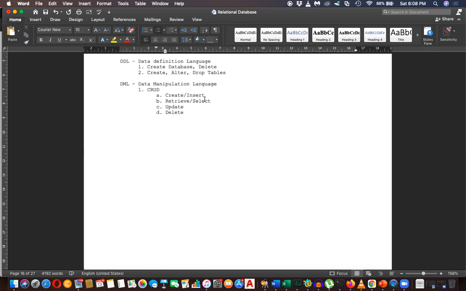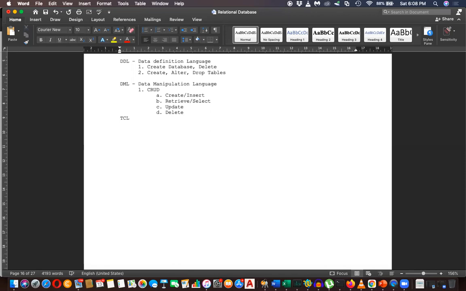So we learned about these SQL types, DDL and DML. I said that in SQL there are more, like the transaction control language, TCL.